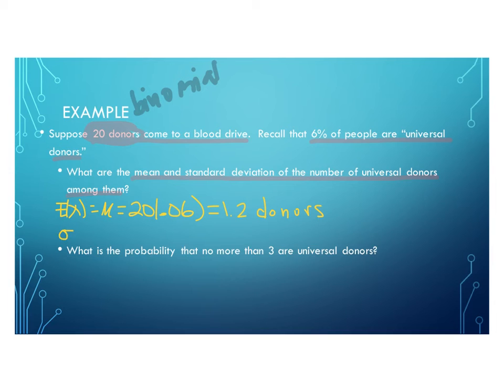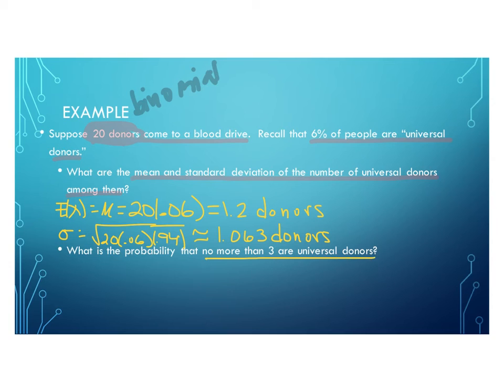Okay, and then for your standard deviation, you're going to take the square root of npq. So 20 times 0.06 times 0.94. Okay, and this does end up giving you about 1.063 donors.